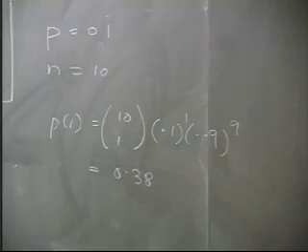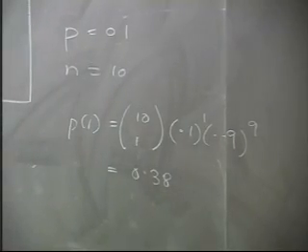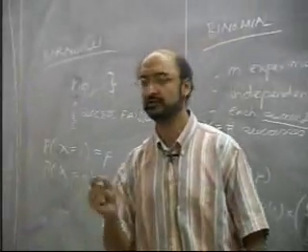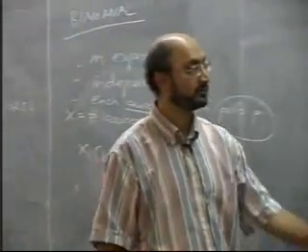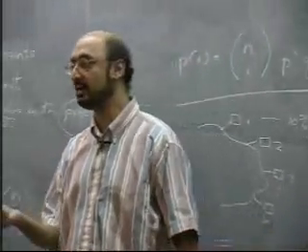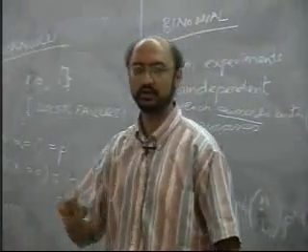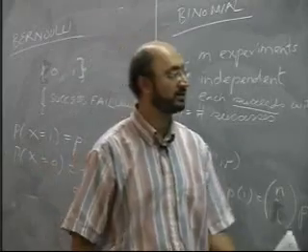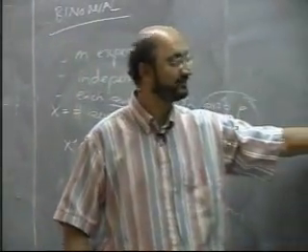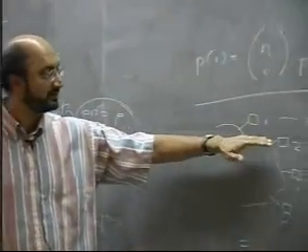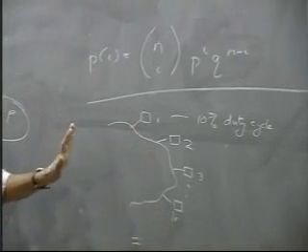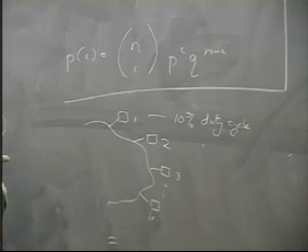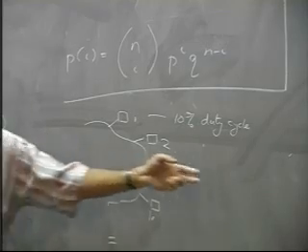So the probability that exactly one station is active, that means not 2, not 3, but exactly 1, is 0.38, which is actually greater than any single one. It's sort of counterintuitive, but not really if you think about it. If I look at just this one, it's a 10% chance of being active. This one is 10%. But at any moment in time, if I don't care which one is active, just that one should be active, obviously it has to be more than 0.1, and it turns out to be 0.38.